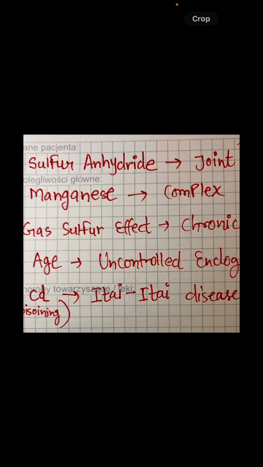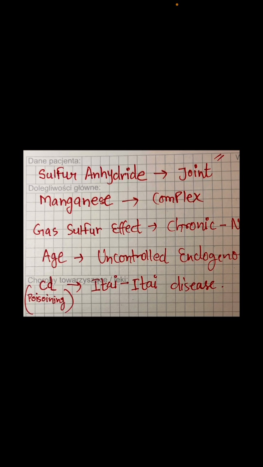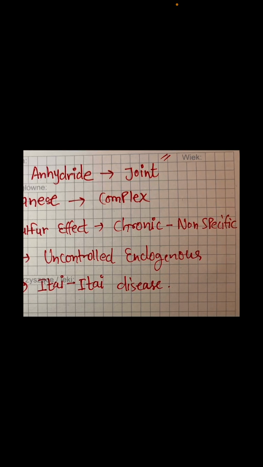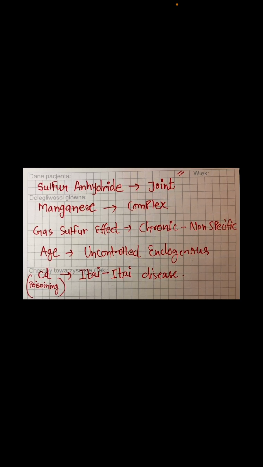We have to mark the effect joint. For manganese, we have to mark the effect complex. If they ask about the sulfur gas effect, the sulfur gas effect is chronic non-specific. They also ask what kind of factor age is. Age is an uncontrolled endogenous factor. Since we know that we cannot control age, it is uncontrollable, it is an endogenous factor.